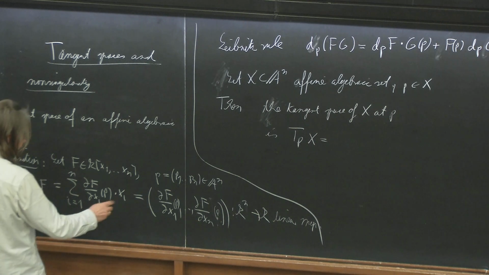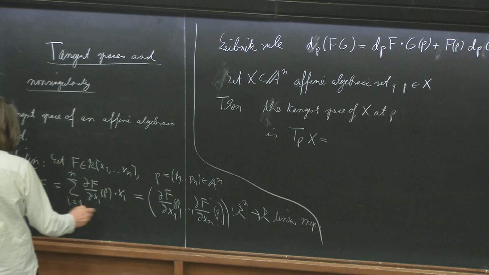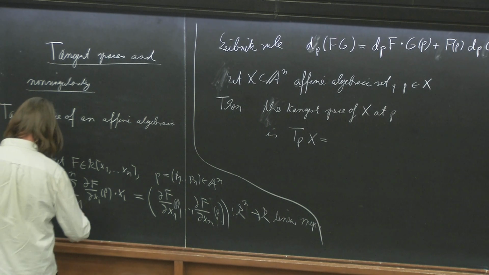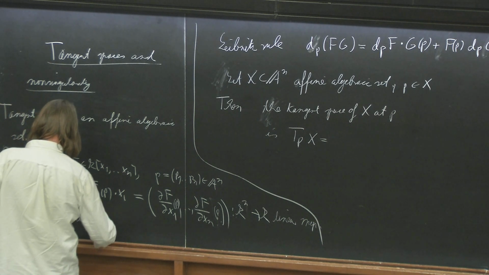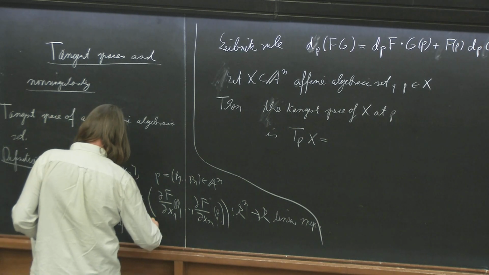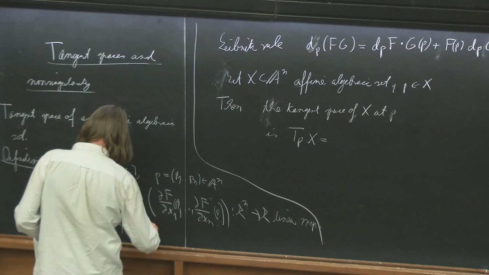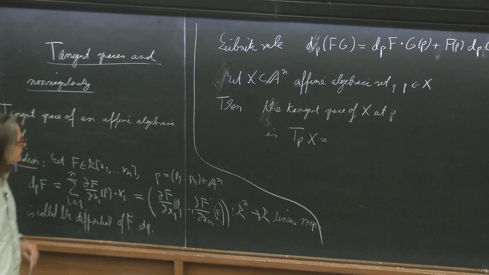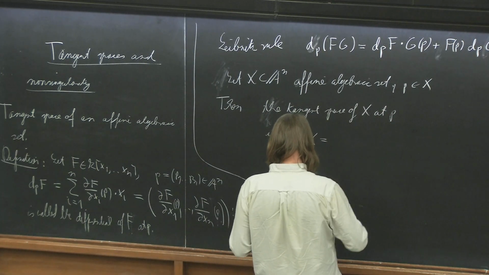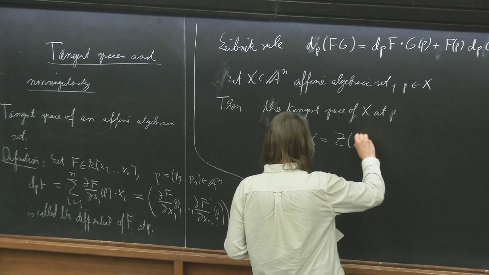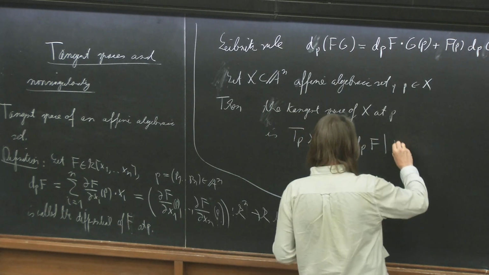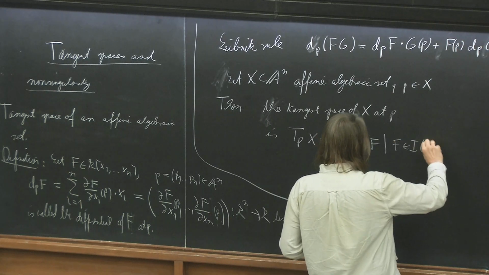So this is called the differential of F at p. So the tangent space is just the intersection, the zero set of all the differentials of F at p, where F is an element in the ideal of X.